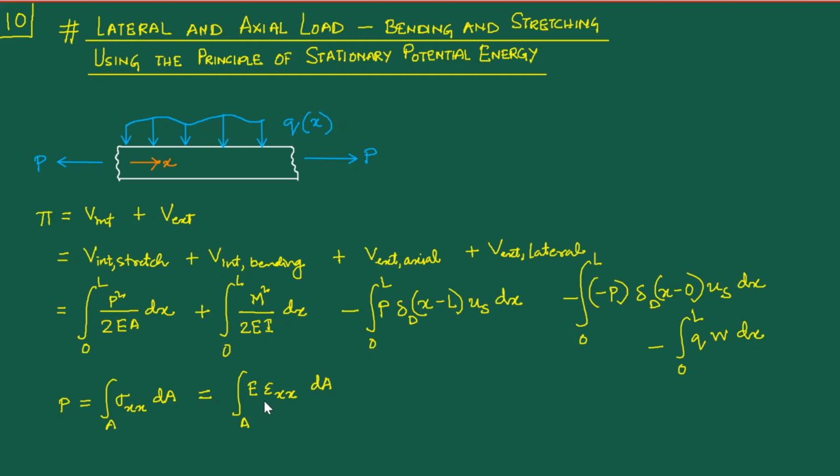So sigma xx is equal to Young's modulus times the epsilon xx, and you understand that this epsilon xx can be directly written in terms of the stretching variable us using the strain displacement relation like this. Please note that here I have not used any partial derivative because the only thing that us is varying with is x. Okay, so these are certain simplifying assumptions which are inherent in our derivation.